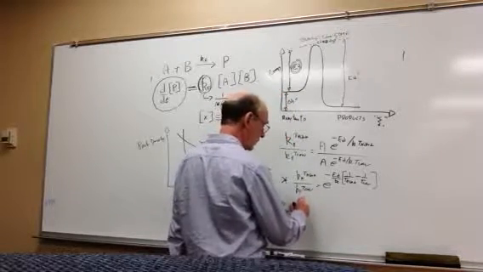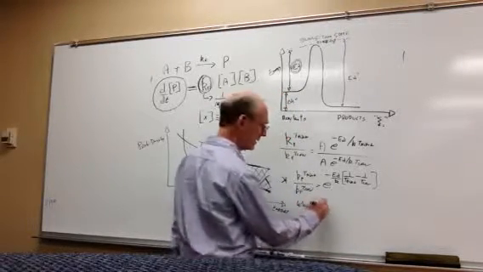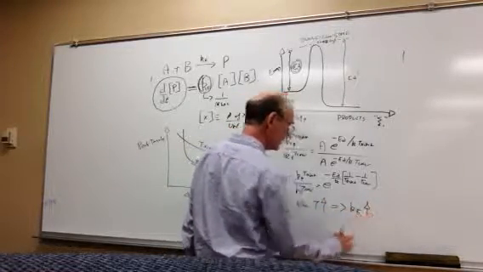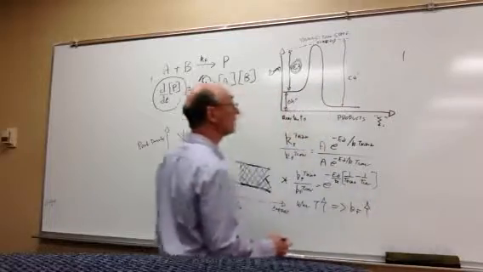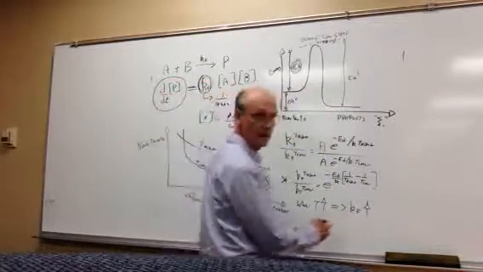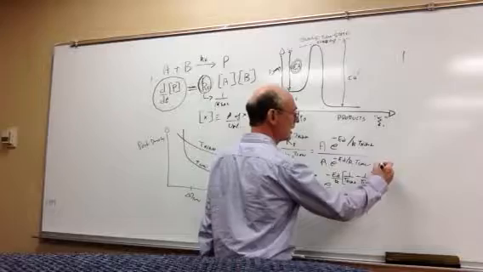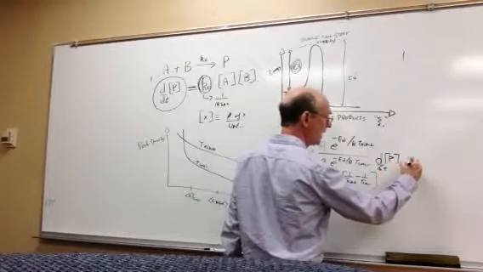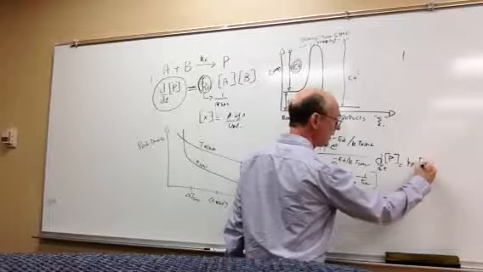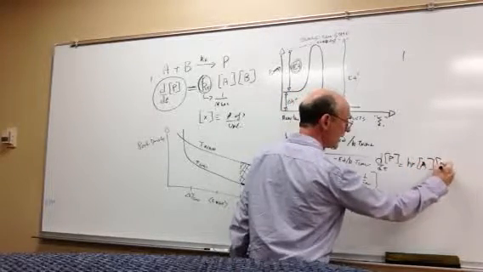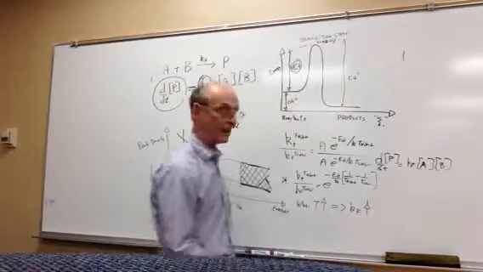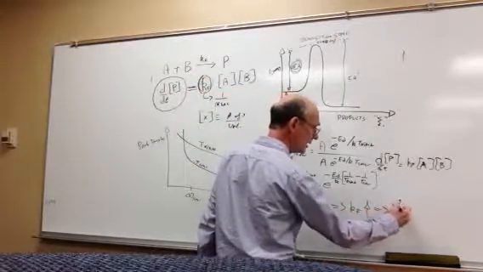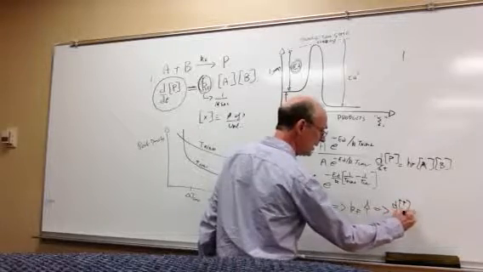So when T is increased, then Kf is increased. And because dP/dt is equal to K forward times the concentrations of A and B, when Kf is increased, dP/dt goes up.